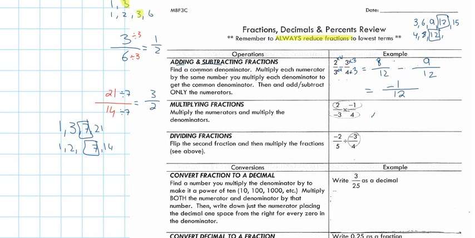Are we okay with that? Can I reduce negative 1 over 12? No, because negative 1, that's the lowest thing ever, right? You can't have lower than 1.